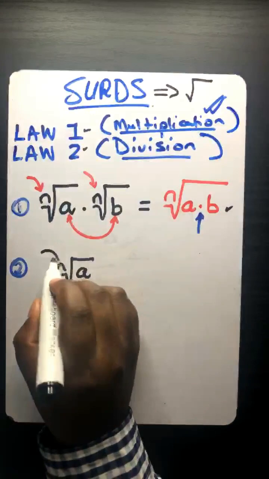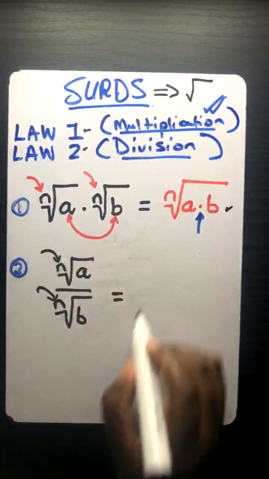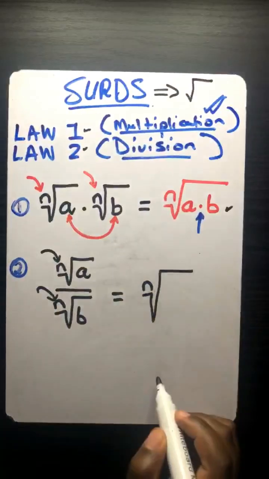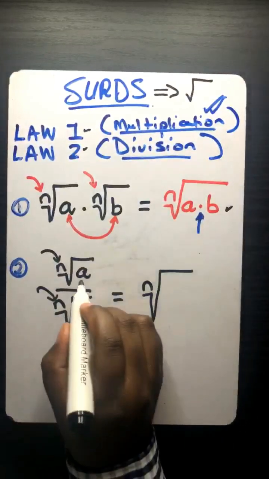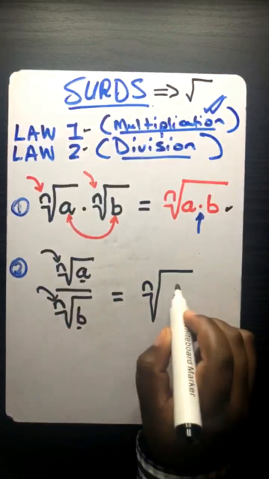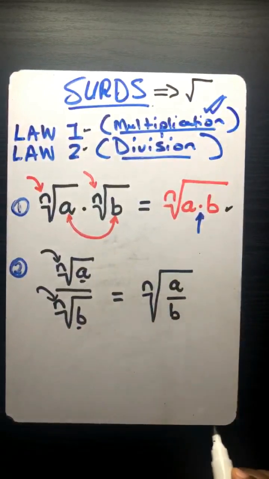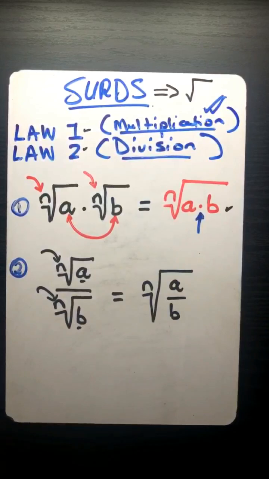You can see the tail is the same, so we just represent it as just one tail, and then because it is the law of division, it means you divide whatever is inside, meaning we are having A over B.